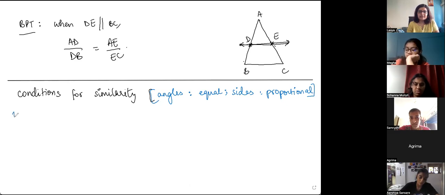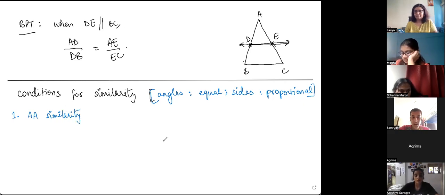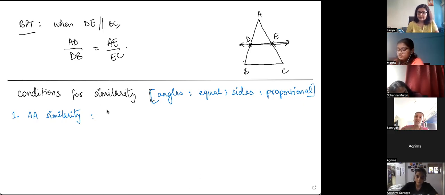Okay. So the first criteria is AA similarity. What is AA similarity? Angle. Yeah. What does it mean? Basically, if two angles of two triangles are equal, then the triangles are similar. Yes.